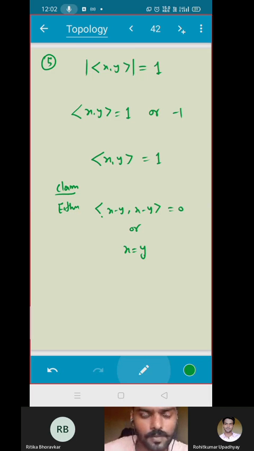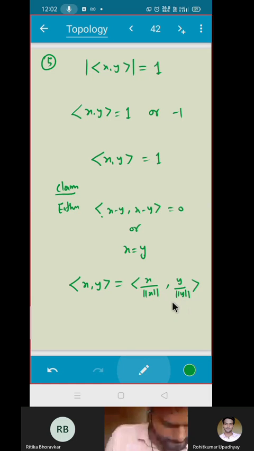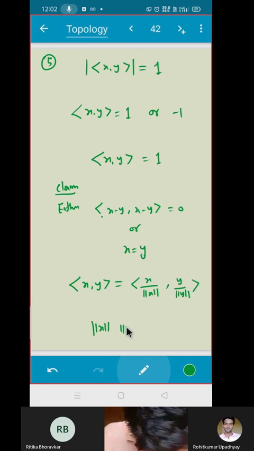So what you are saying may be right. You are saying to follow this, correct? You want to write 1 as the inner product of x upon norm x and y upon norm y. This is what you are saying, Shreyas. Then you take 1 upon norm x, 1 upon norm y outside, correct? Yes, then we'll get norm x into norm y equal to 1.